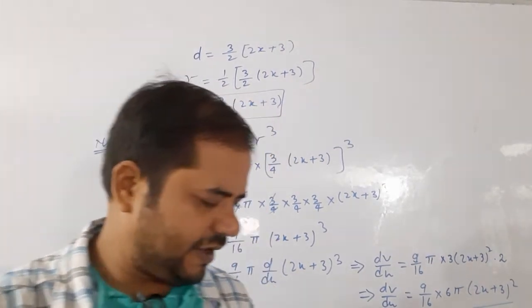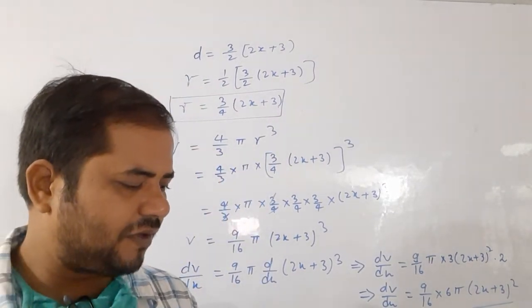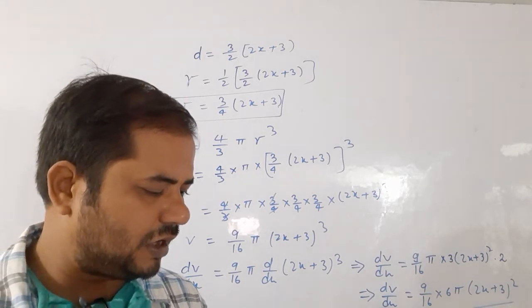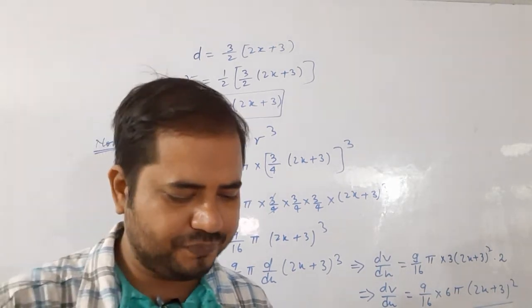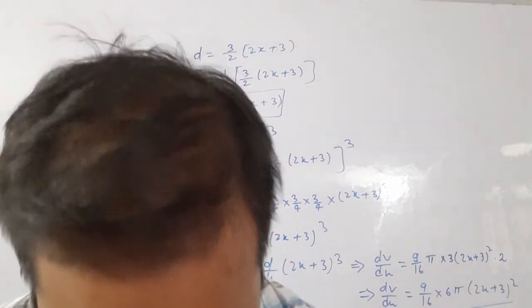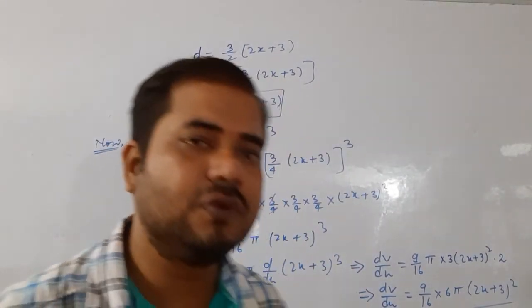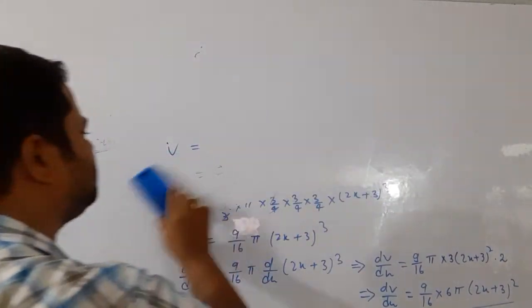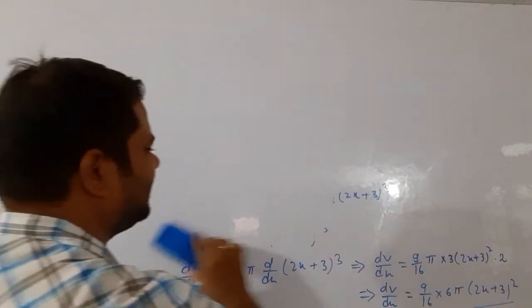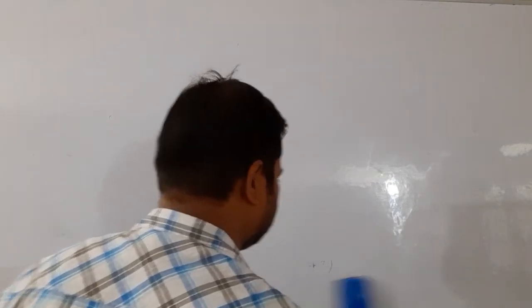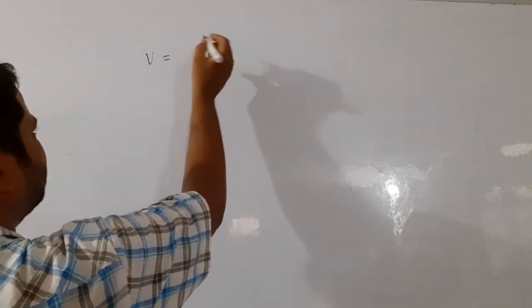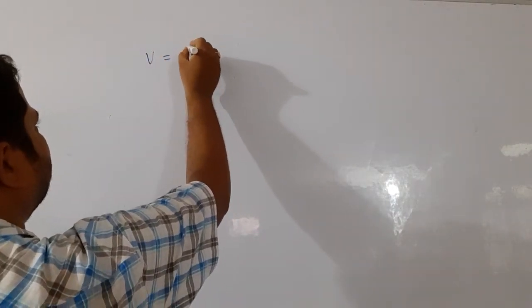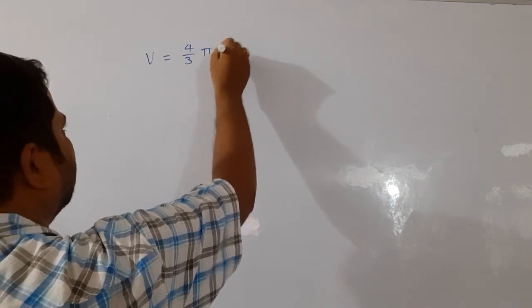So what is given here? We have given the rate of change of volume of the balloon, that means the sphere. Suppose r is the radius, then the volume of the sphere is 4 by 3 pi r cube.